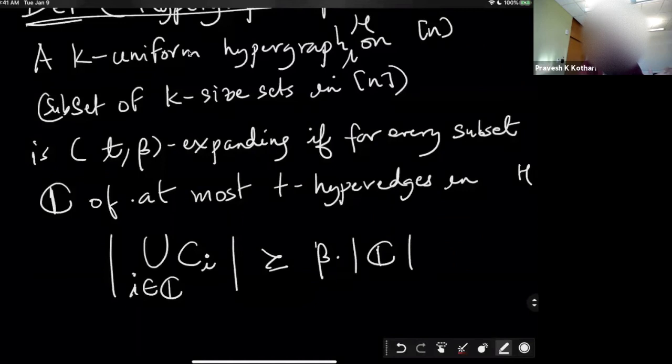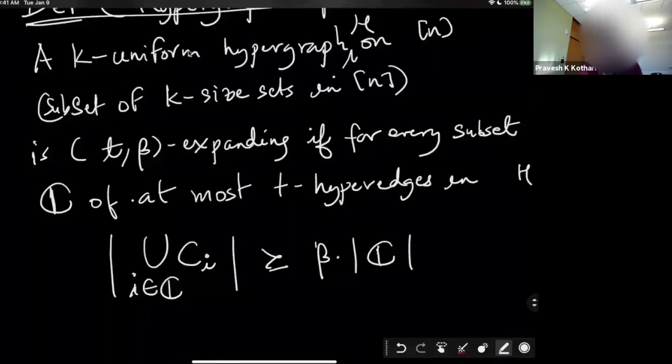If I take the union of all these indices in this collection C, then on average each C_i contributes about beta unique indices from 1 through n. So the union is not too tiny. The union contains at least beta times the size of C indices from 1 through n.